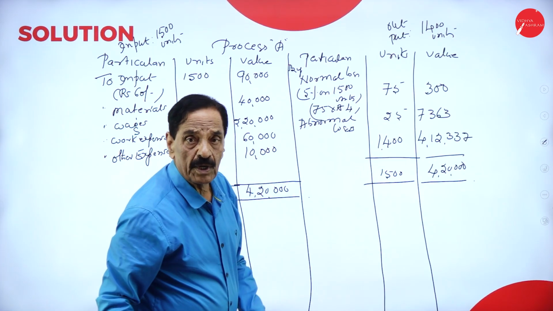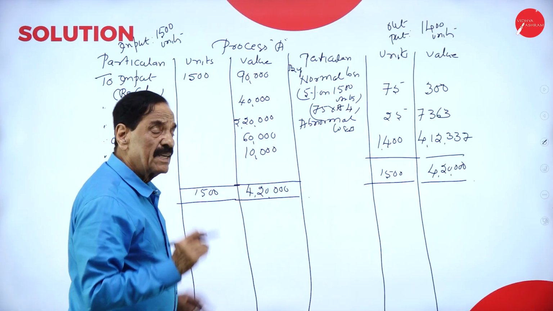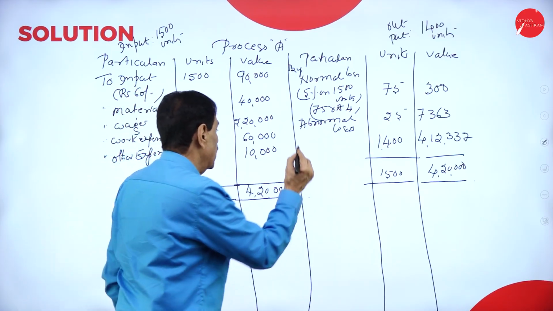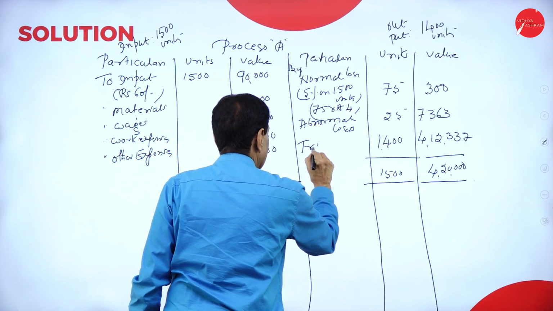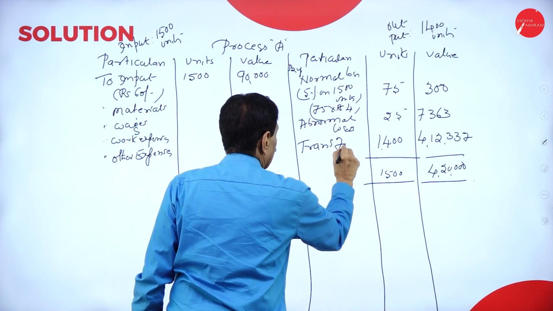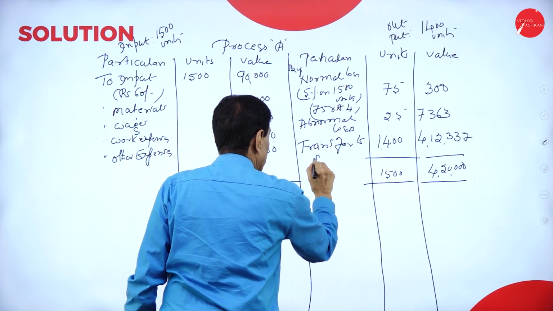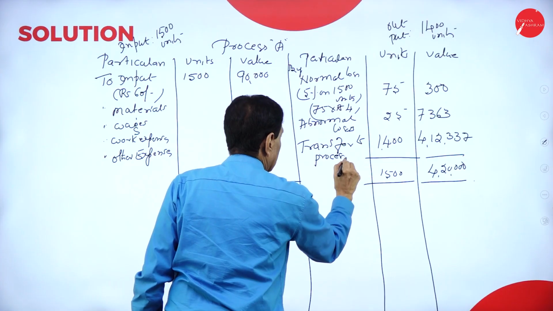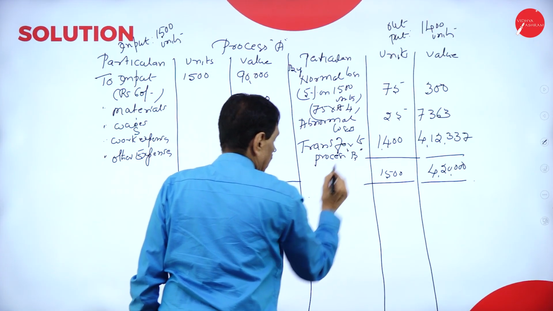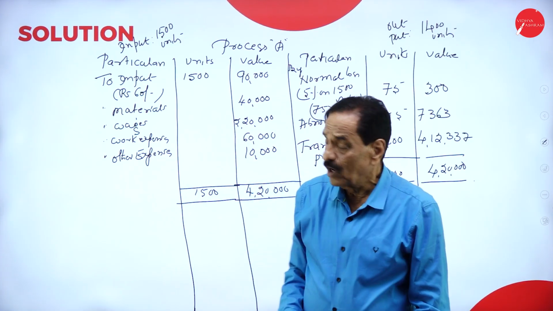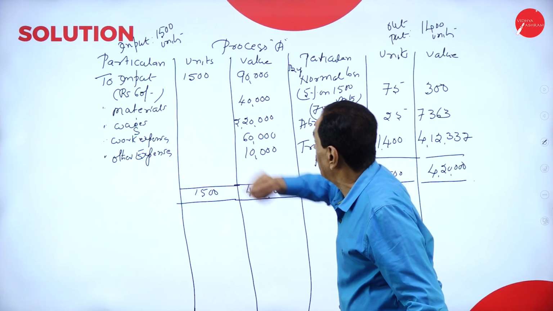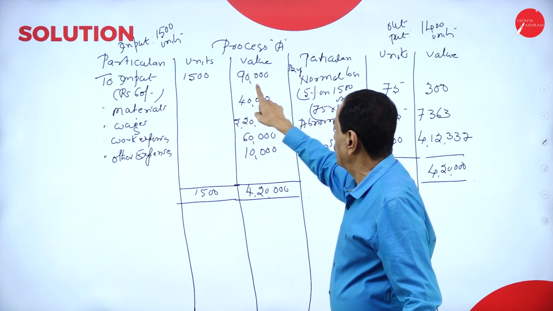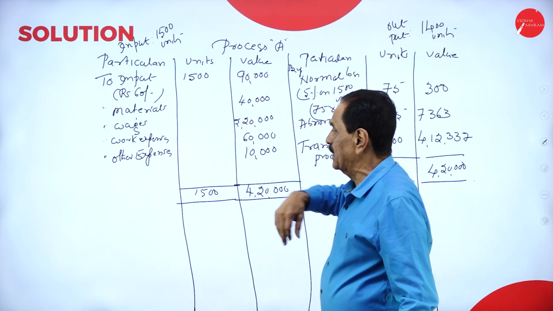This is the output of process A. Transfer to process B. I will explain. You put the input 1,500 at rupees 60, which becomes 90,000, as an expenditure.